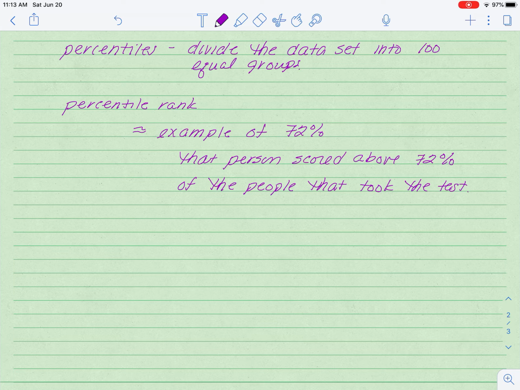So if you're in the 72nd percentile and you take a test, 72% of the people scored below you on that test. So you scored above 72% of the people. The 90th percentile would mean that you scored above 90% of the people. So the higher the percentile, the more people you scored above in whatever it is that you're working on.